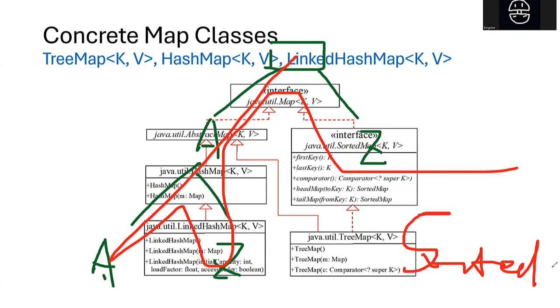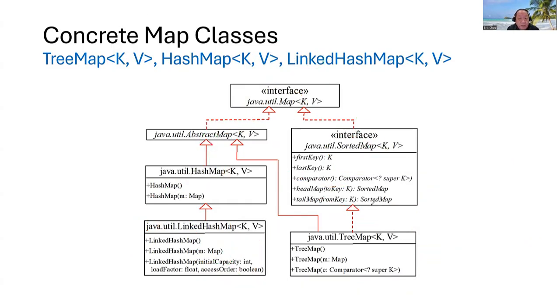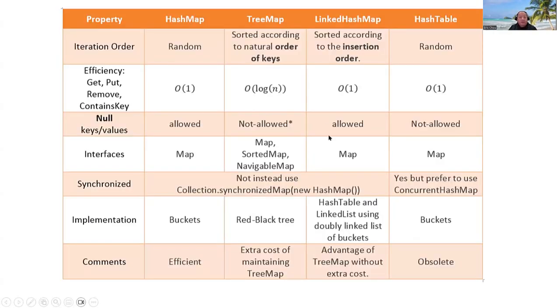Okay. So tree map is also a sorted map, and it does give you the sorted order. So if you keep putting keys into a tree map, the data is also sorted. Okay. So you do have the first key, last key, comparator, okay, whatever. There are several functions that can be used for a sorted map, okay? Okay, so this is the structure of the relationship of the concrete classes and the interfaces. Now, efficiency.